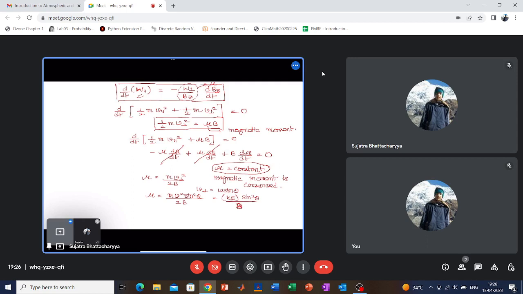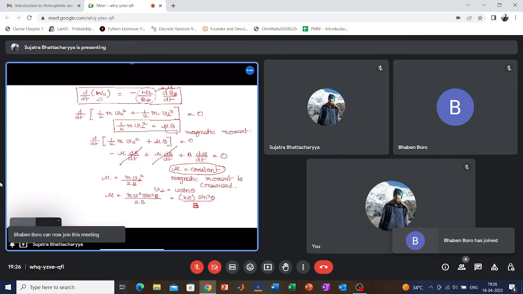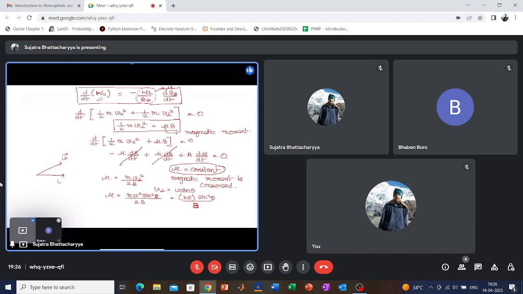Now this theta is actually an angle between the actual velocity vector and this is the v parallel. So this is your theta, and this should be definitely the v perpendicular.